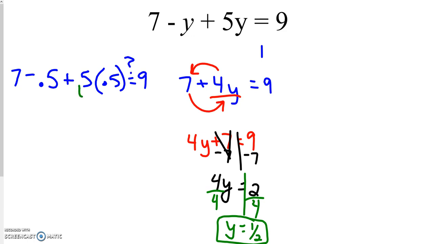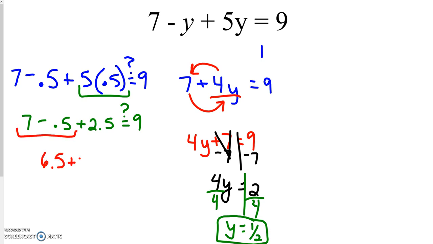Let's see. 5 times 0.5, that's 2.5, plus... add and subtract left to right. 7 minus a half is 6.5 plus 2.5. I hope that will equal 9. 9 equals 9. Check. Works out.